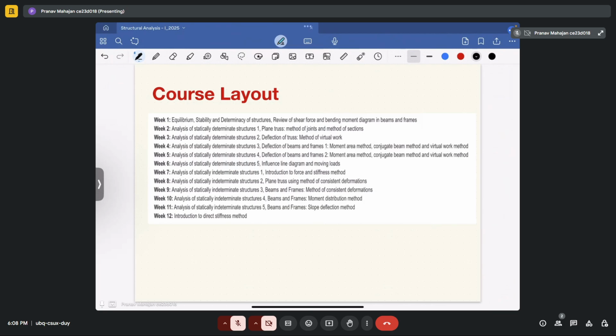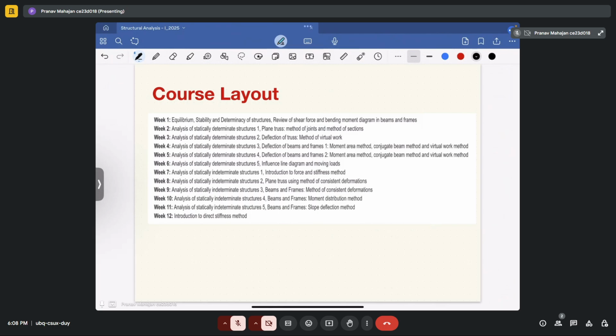In beams and frames, we have seen different methods to determine the slope and deflections at different points. We have seen how the moment area method can be utilized to determine slope and deflection. We have also seen the conjugate beam method, in which we determine the slope and deflection by converting your real beam into a conjugate beam and then determining the shear force and the bending moments, which will give you the slope and deflections of the real beam.